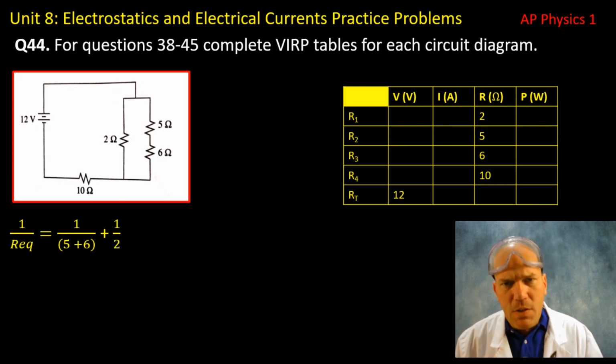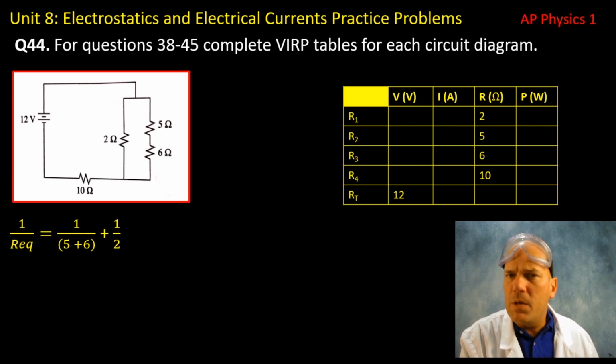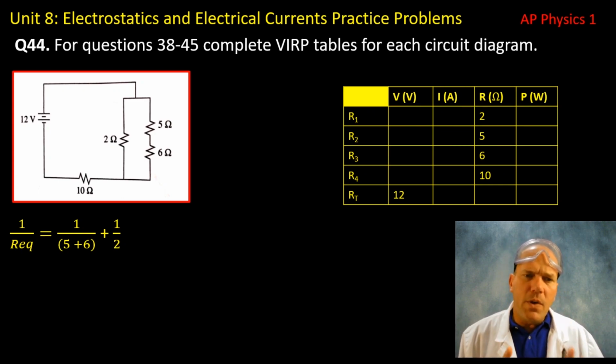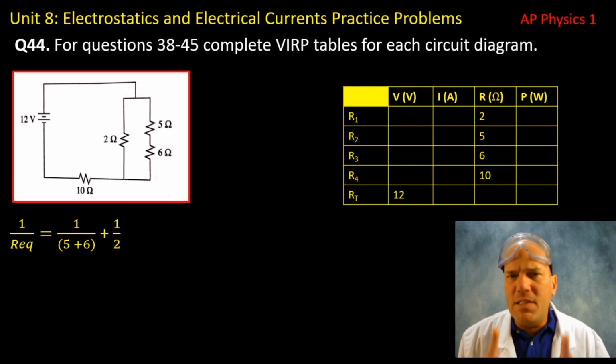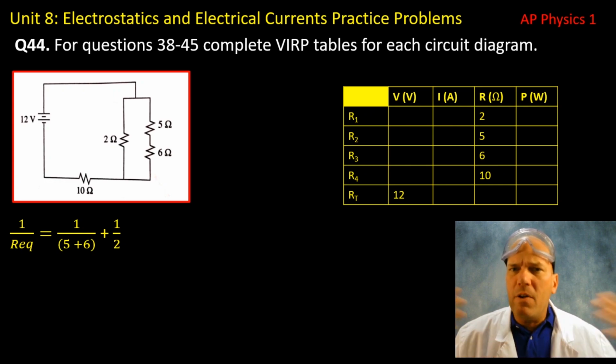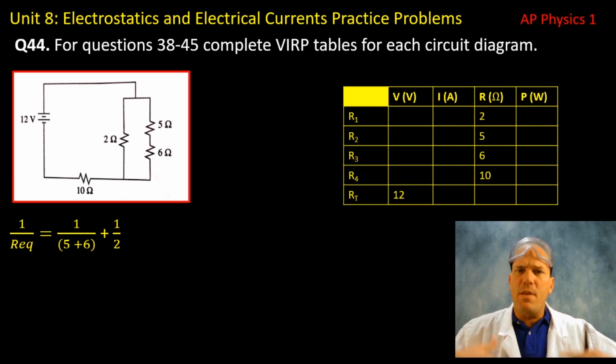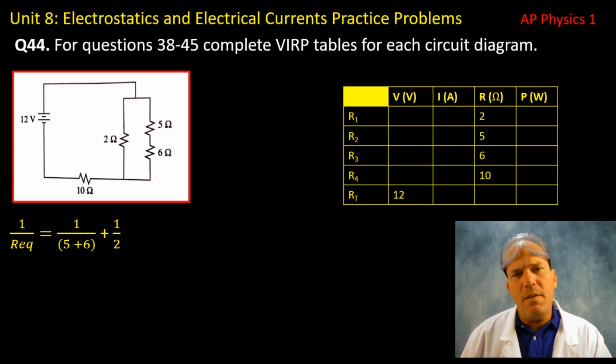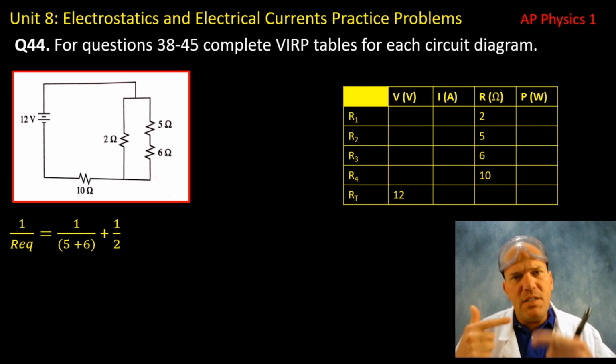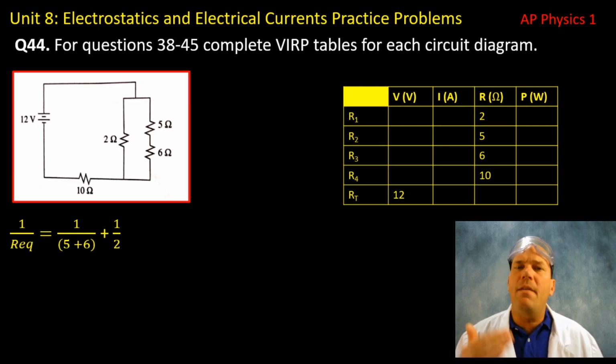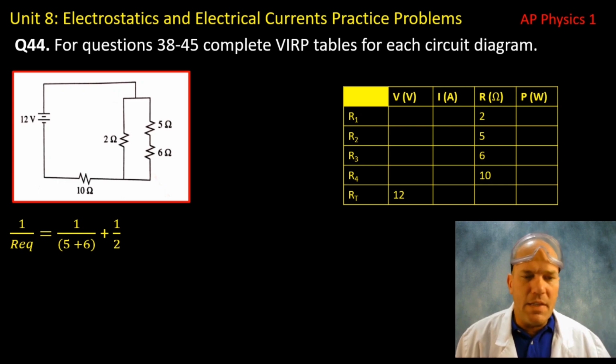You're going to do what we did in question 43. You're going to take the 5 and 6 ohm resistors, which are part of a parallel combination. However, in their respective branch, they're in series. So you're going to add 5 plus 6 and take the inverse of 11.